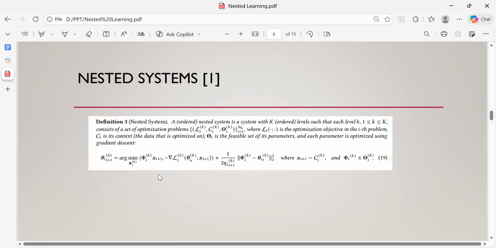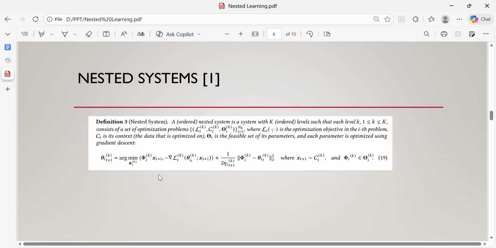This is just the same as what I have presented above, but the only thing is they have added levels to it. That is, at each level we have subscript i and superscript k, and this is the optimization objective of the ith problem, right?